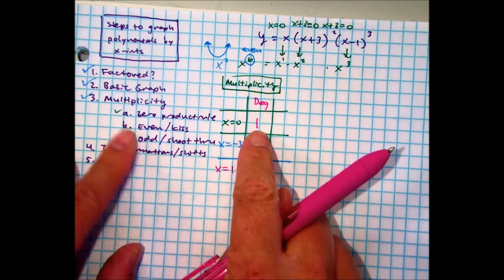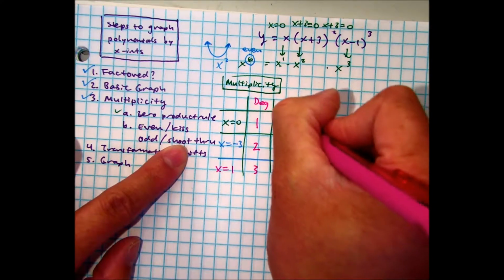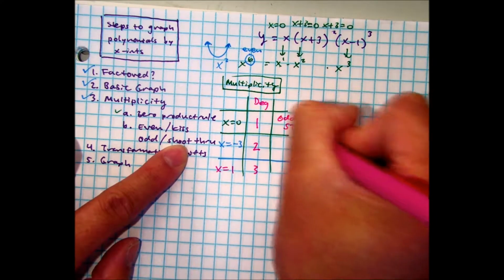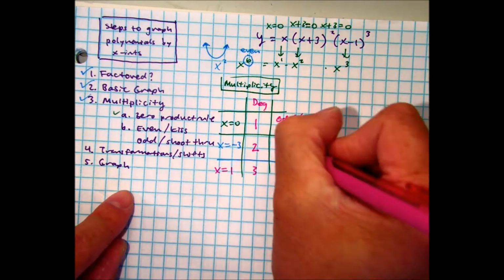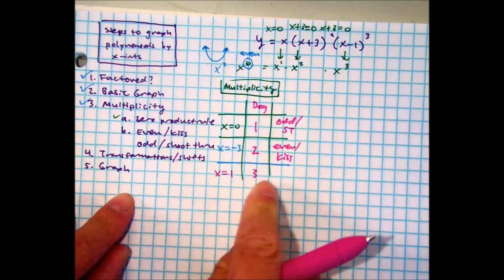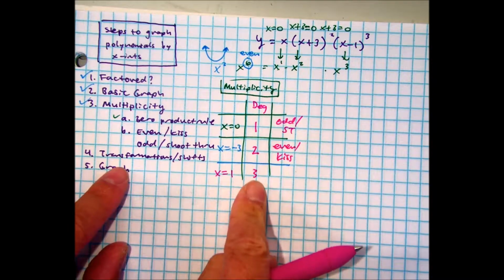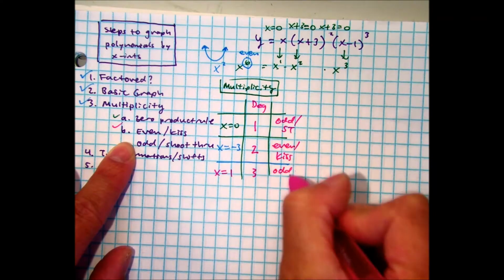Class, is this odd or even? Odd, we're going to shoot through. Odd or even? What do we do at even? Kiss. And odd or even? It's an odd, so we're going to shoot through.